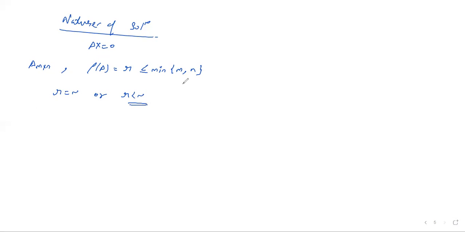Let's consider the first case when r is equal to n, that is, my rank is equal to the number of unknowns. Then we have n minus r linearly independent solutions of the m homogeneous equations. If r is equal to n, then n minus n equals 0.